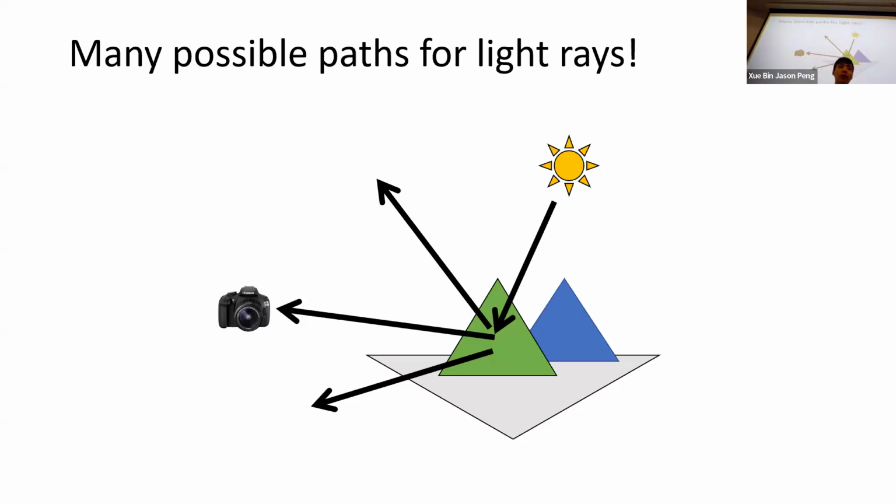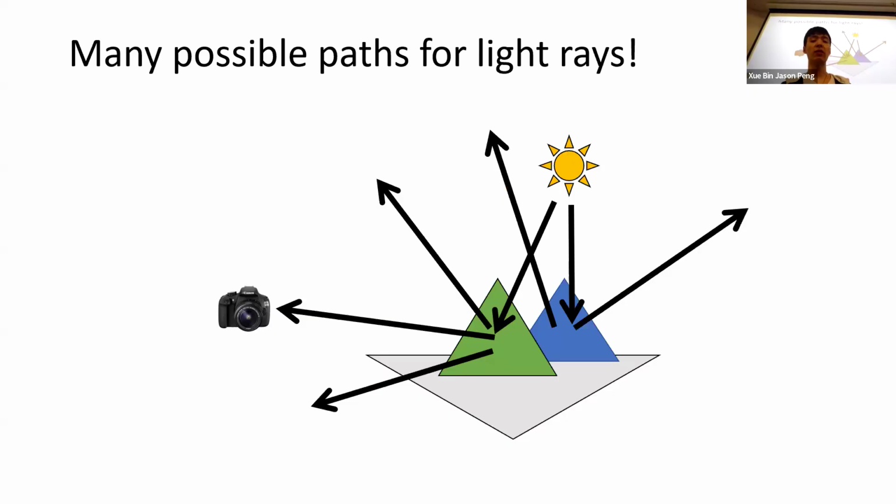Most of the light rays that we cast into the scene might just be reflected off into space, which means that they're never going to contribute to the image that the camera is going to produce at the end. As a result, we'll end up wasting a bunch of compute simulating light rays that never interact with the camera and never contribute to the final image.